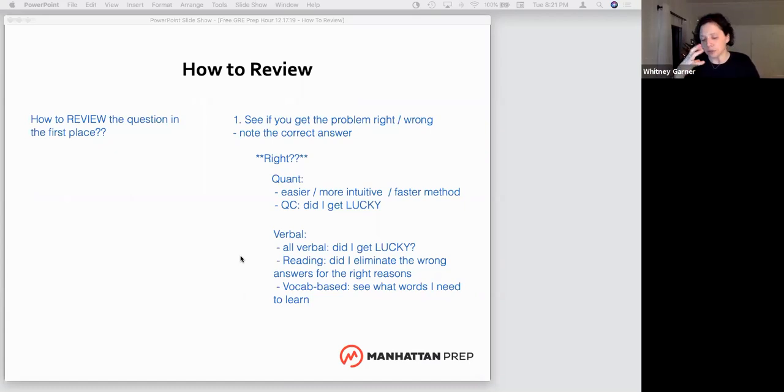And so we would like to come at reading-based questions with as clear a logic as we possibly can, with QC questions with as clear a solution as possible, with all quant questions with the most efficient or effective ways to solve them as possible. And then vocab-based, we'd like to have the broadest vocabulary we possibly can. So when we get stuff right, there's still room to improve. Take them as strengths and make them stronger.